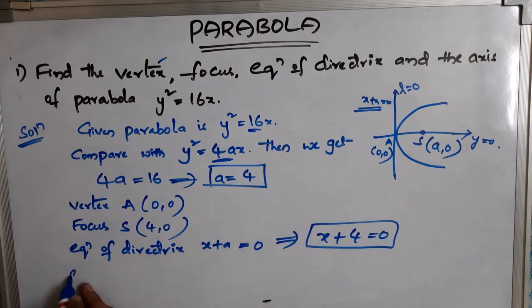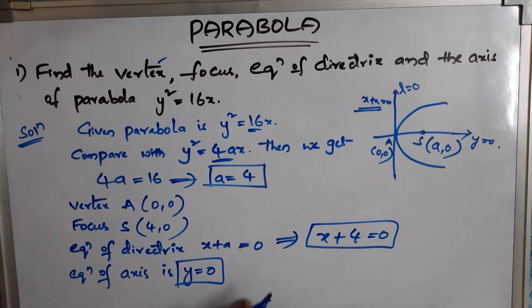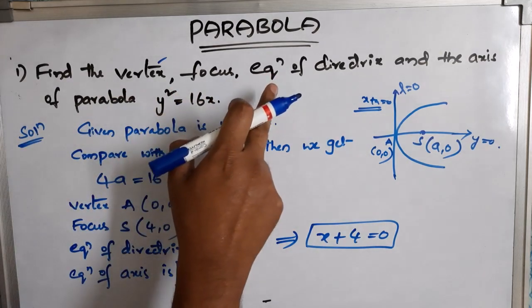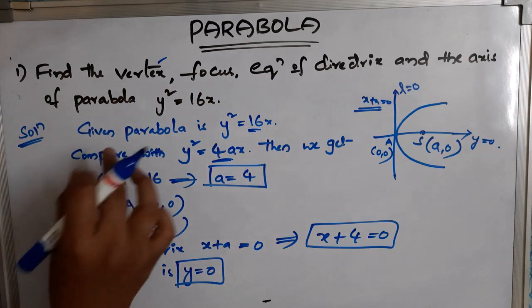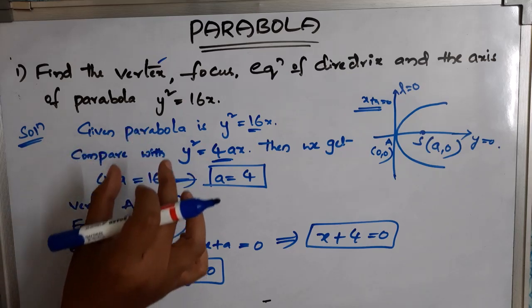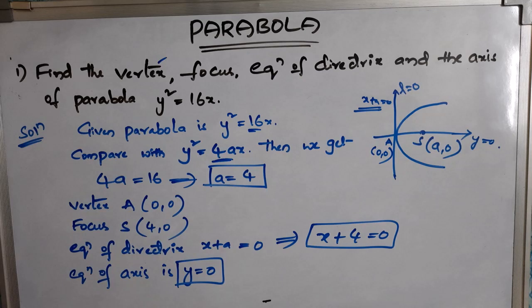And the equation of axis, we already discussed: y is equals to 0, because the parabola lies on the x axis. In this way, you are going to find the vertex, focus, equation of directrix and the equation of axis, when the parabola is of the type y square is equals to 4ax.